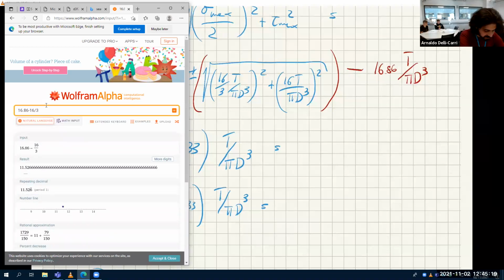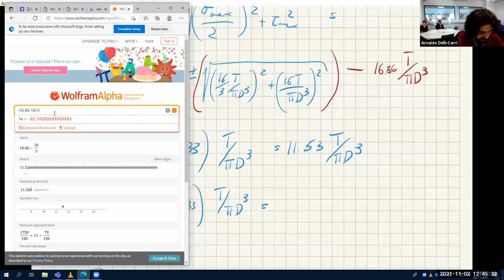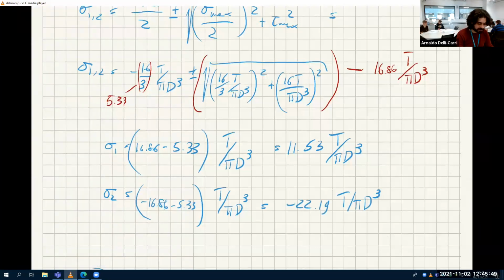It's 11.53 T divided by pi d cubed. And the other one is this minus that, so minus 22.19. See, design is messier. So you have all these numbers popping up. But it's also funnier, I believe.